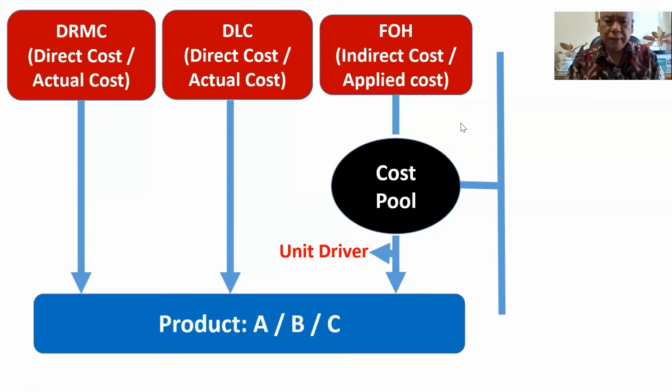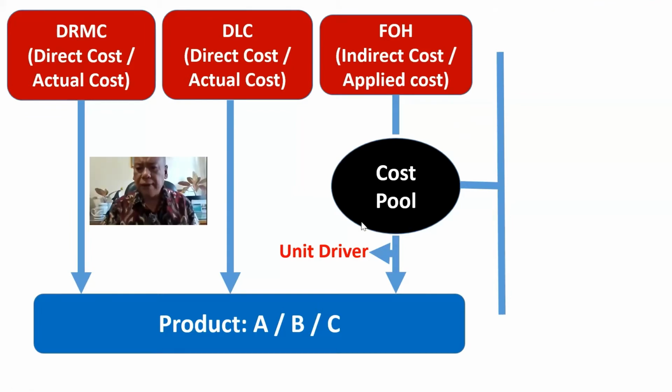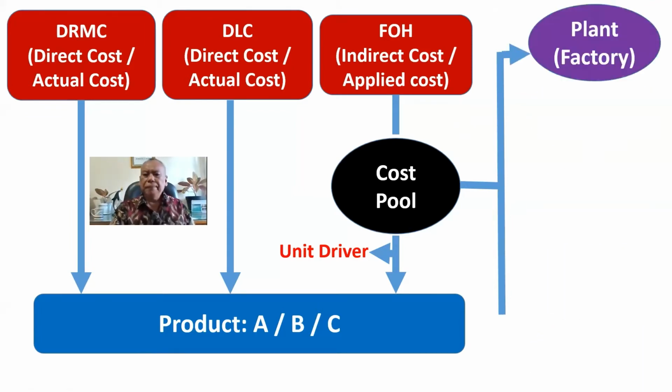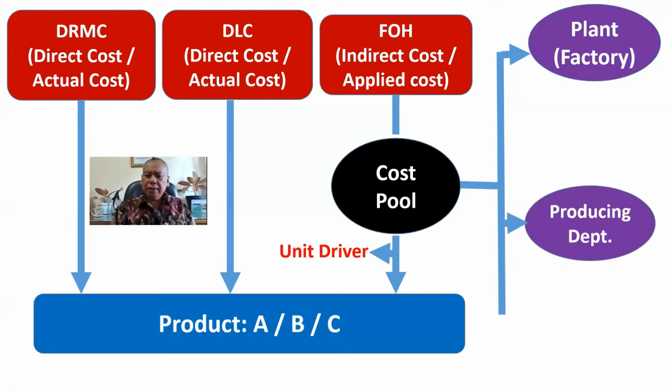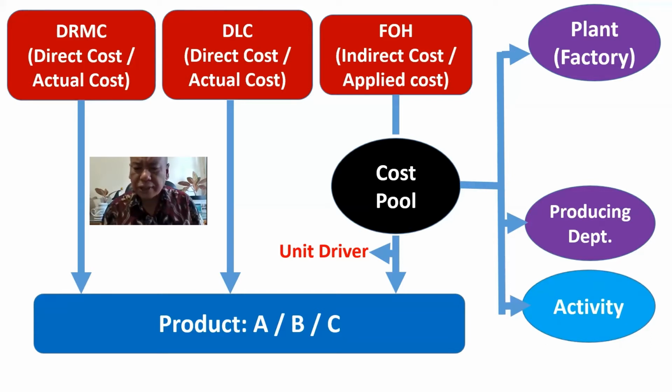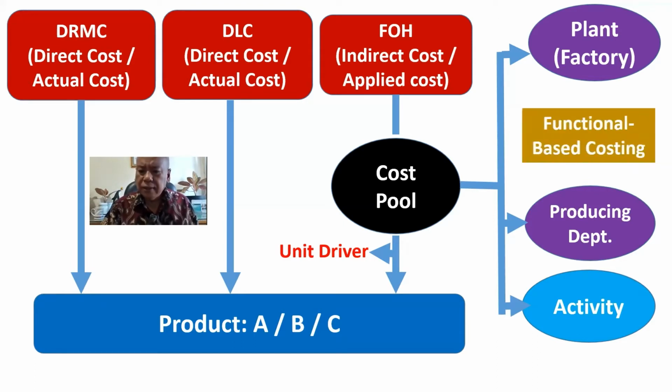In this case, the cost pool that can be used can be the plant or factory, then the producing department, and then the activity. In traditional costing, or functional based costing, the cost pools are the plant and the producing department. Because in this case, function refers to organizational units.